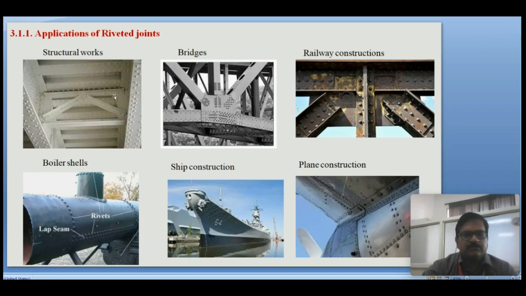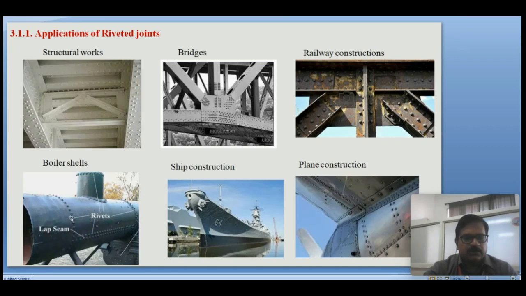The applications of riveted joints. You can see here a structural work. This is a bridge. The bridge is constructed by riveted joints. The plates are joined together with the help of rivets. Here also you can see a number of rivets, and in railway construction, railway bridge works, and here a boiler shell.